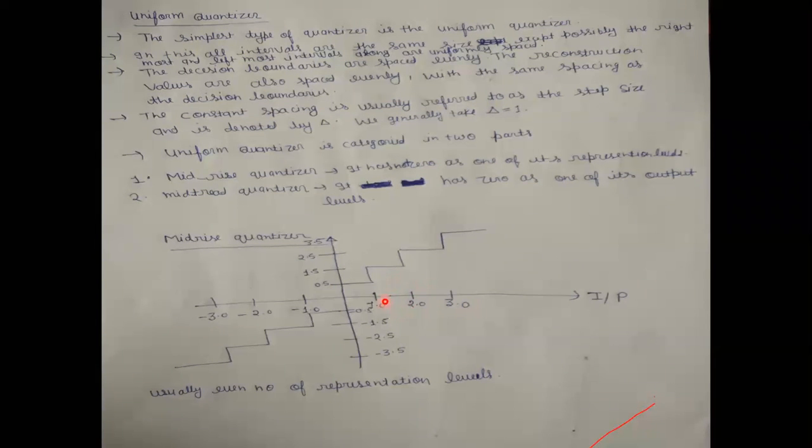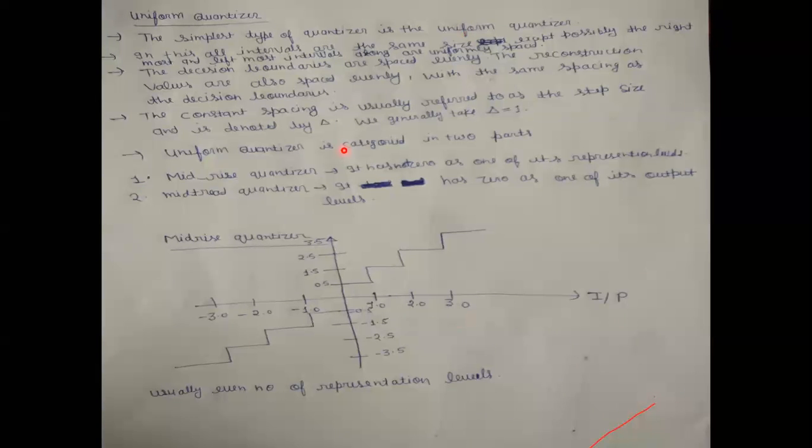The number of intervals is only 3, but the decision boundaries are 4, because the decision boundaries are the end points of the intervals. So the number of decision boundaries will be one greater than the number of intervals.